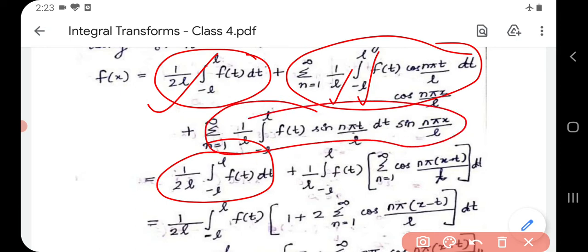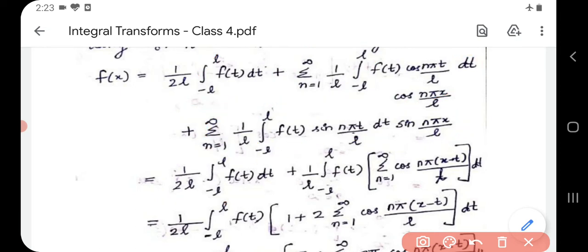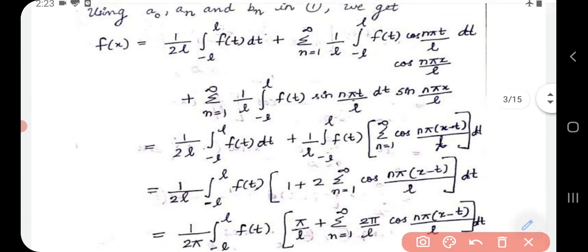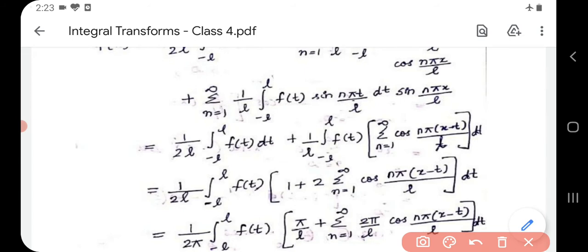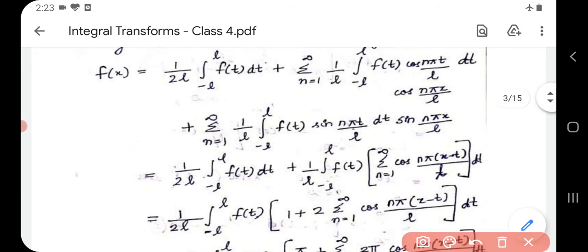So 1 by L integral from minus L to plus L f of t is taken outside, and what remains are the cos terms, that is cos n pi t by L and cos n pi x by L. Combining these, you can write it as cos n pi x minus t by L. See, this is how it is written.